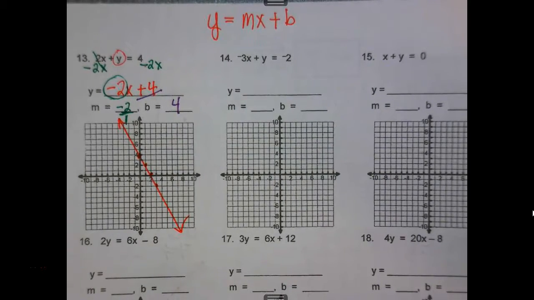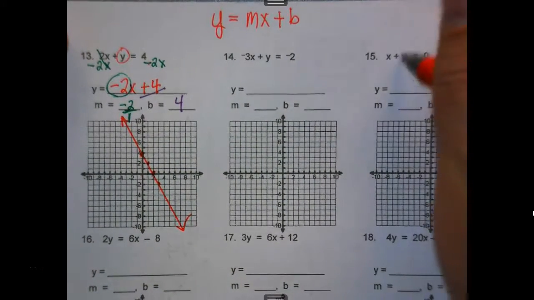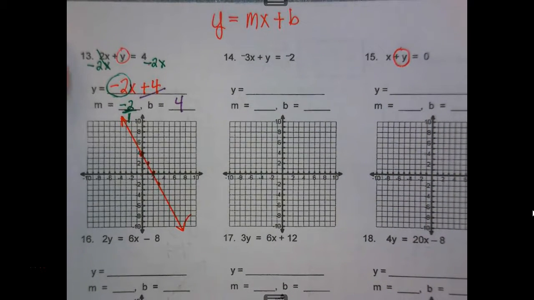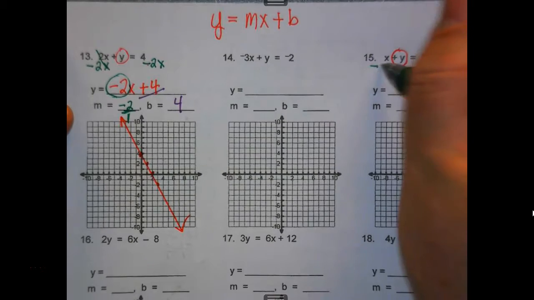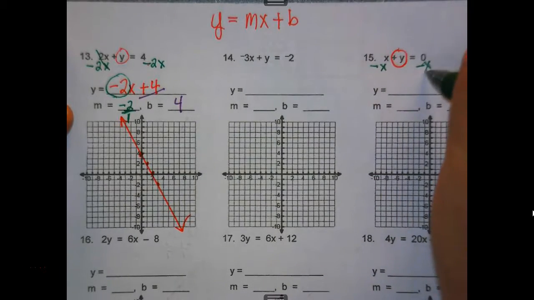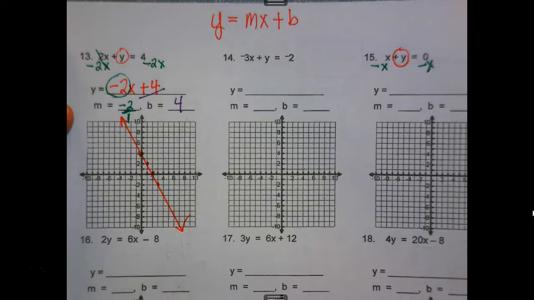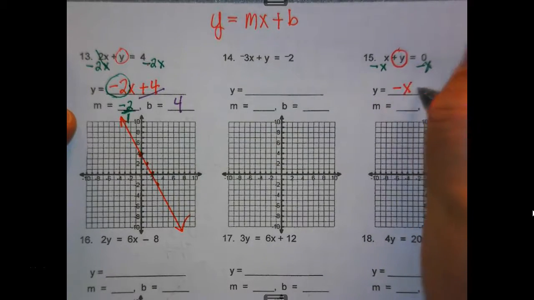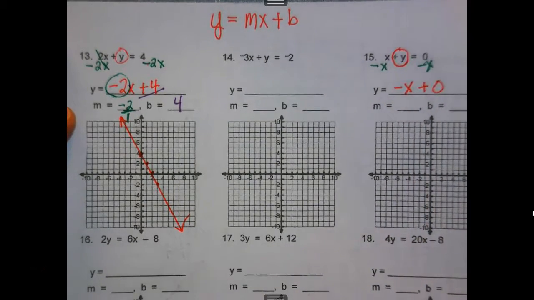Number 15, I have to get y by itself. So I'm going to subtract x from both sides. So y is going to equal negative x plus 0.